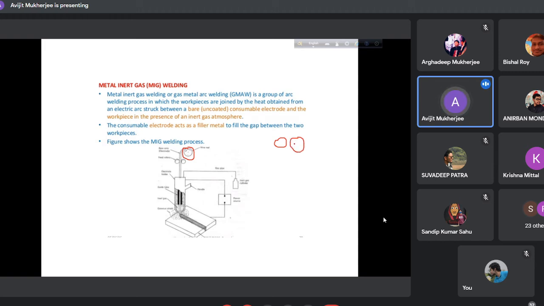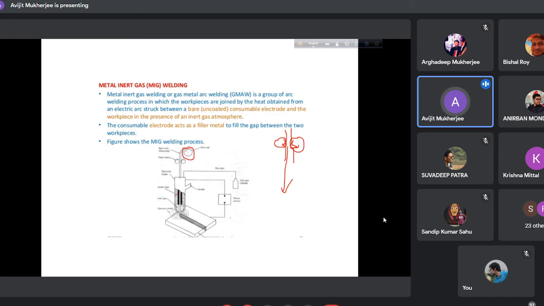So if this roller rotates in this direction, and this roller rotates in this direction, and the wire is passing through these two rolls, so what will happen? This will be advanced in this direction. So there is a reel or wire reel. So gradually this is consumed.